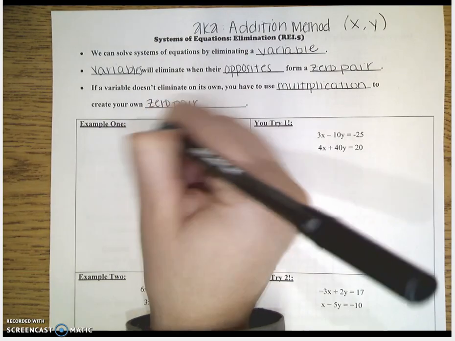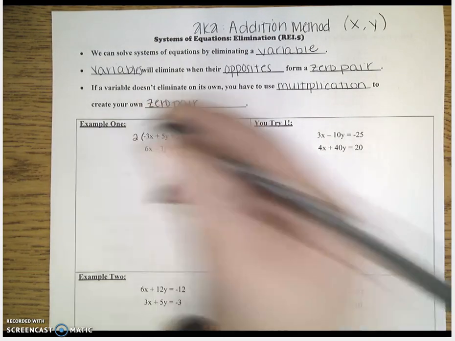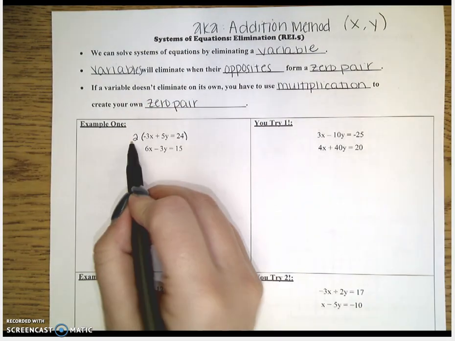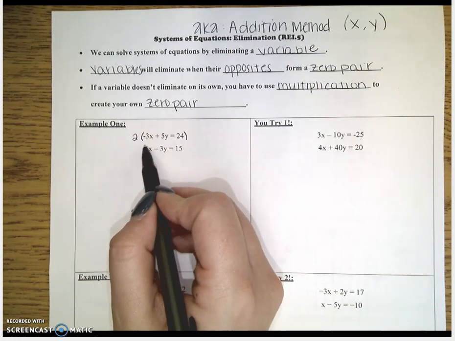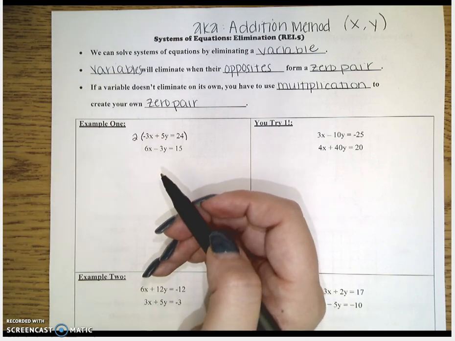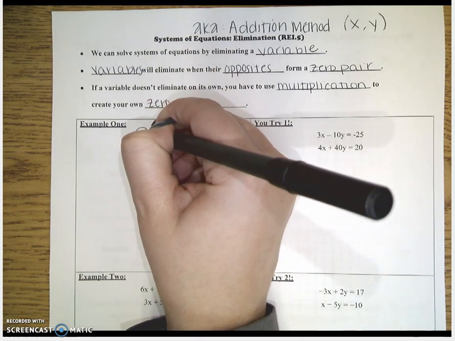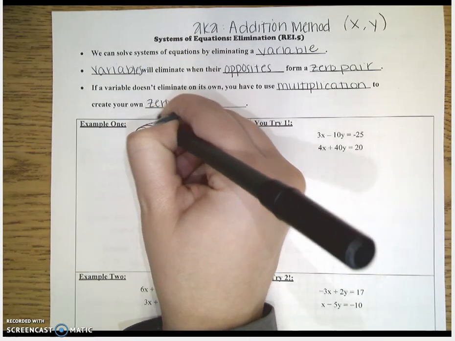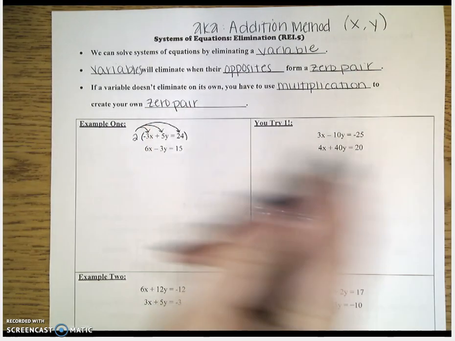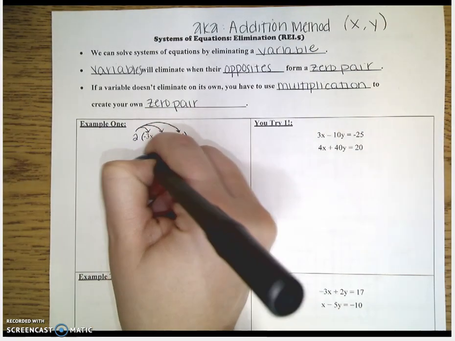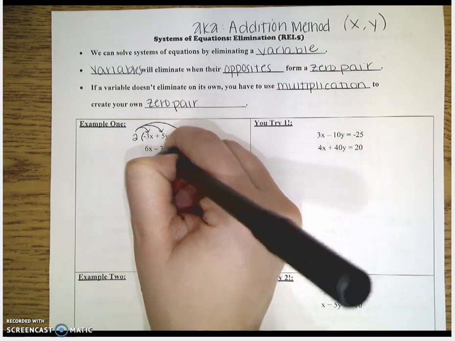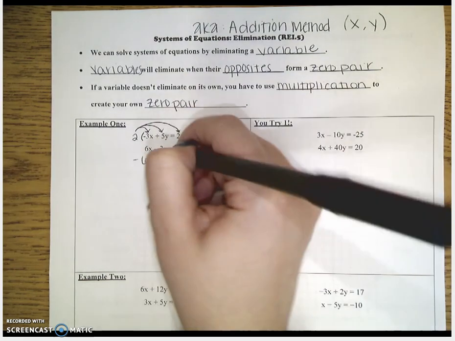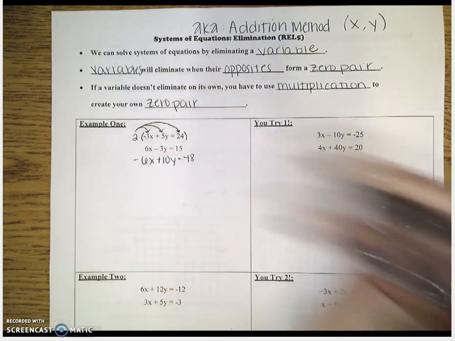But if I multiply this top equation by 2, 2 times negative 3x would give me negative 6x, which would cancel out this positive 6x. So I'm going to multiply everything by 2 to get negative 6x plus 10y equals 48.